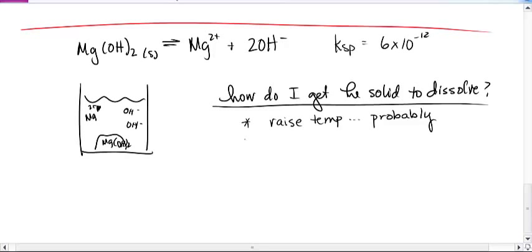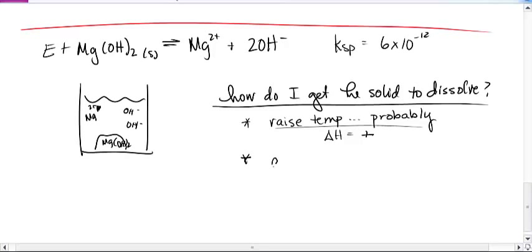So if you raise the temperature, you're probably going to be able to get this to dissolve better, because most solids dissolve in endothermic reactions. I say probably because there's like 1 or 2 that aren't, and you would need the delta H value to know that. So as long as the delta H for that is a positive value, raising the temperature will help.